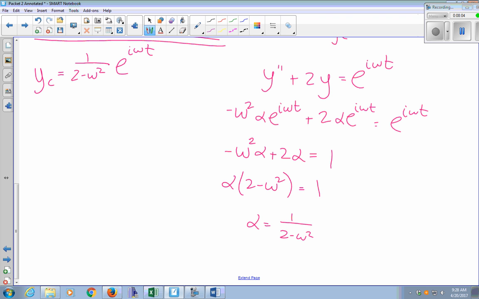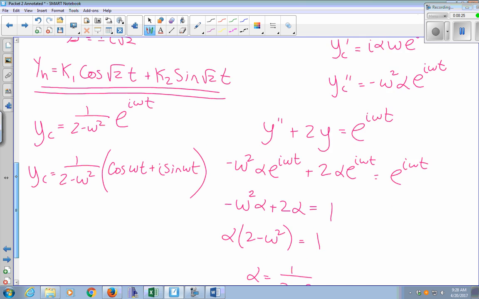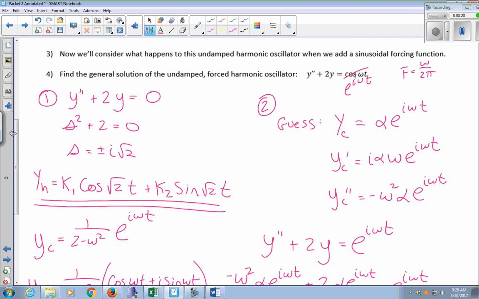I'm going to change e to the i omega t to cosine omega t plus i sine omega t, and then distribute. My forcing function here was originally cosine.